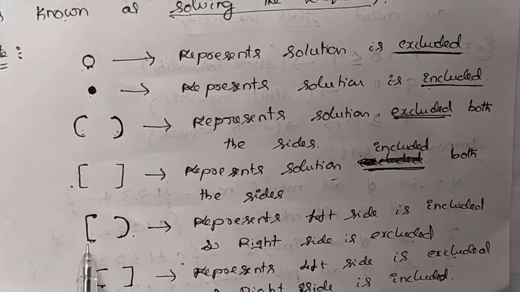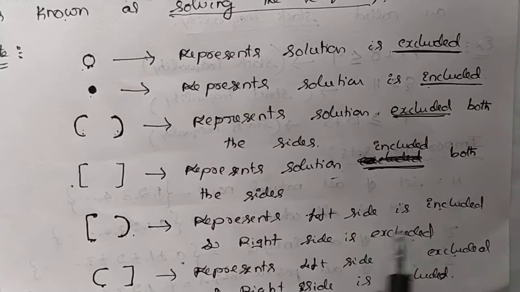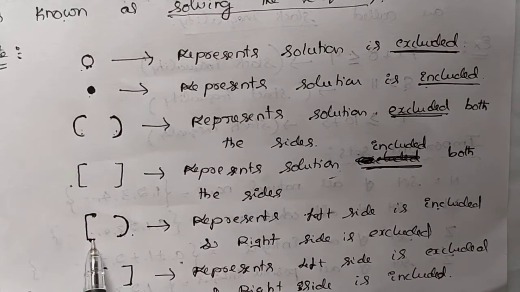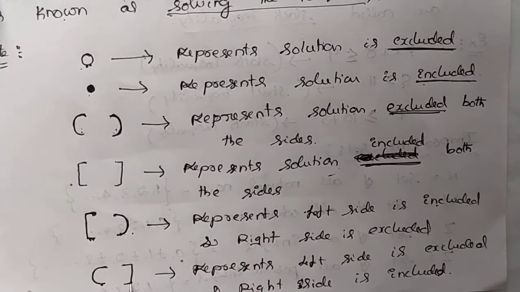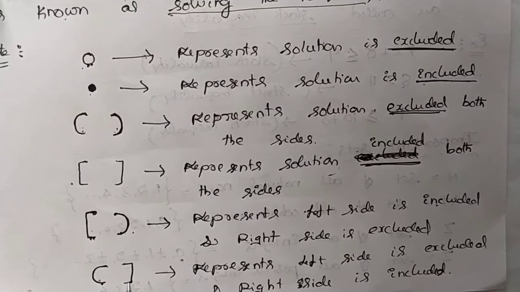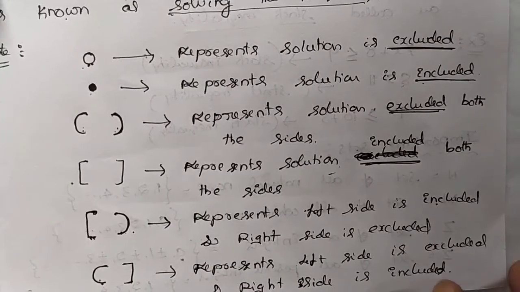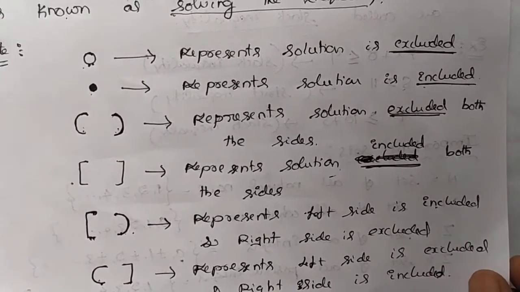This bracket represents semi-open, semi-closed: left side is included, right side is excluded; left side is excluded, right side is included. So these are the points which we are going to use to solve the problems.